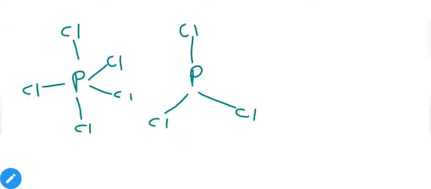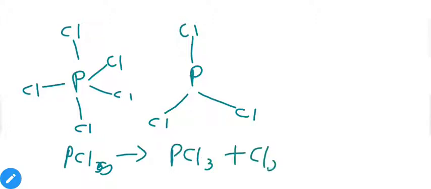But if you try to form a PF3 molecule or a PCl3 molecule, then phosphorus will follow the octet rule in it. Let us try to find the structure of PCl3 or PF3. When you heat PCl5, it will become PCl3 by releasing Cl2 gas.